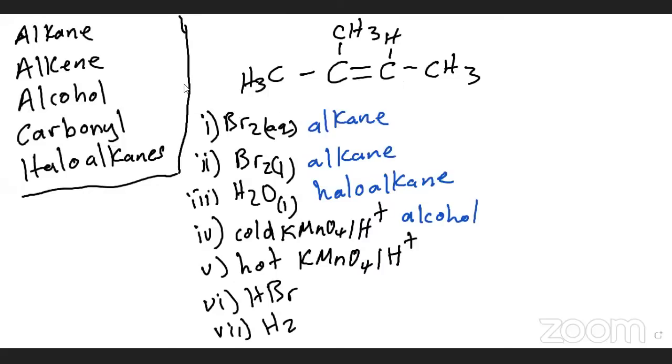All right, so what we're going to do now: Br2 aqueous. What would be the structure? CH3, C, CH3, and then C, CH3. Let's put the H down, it doesn't matter.